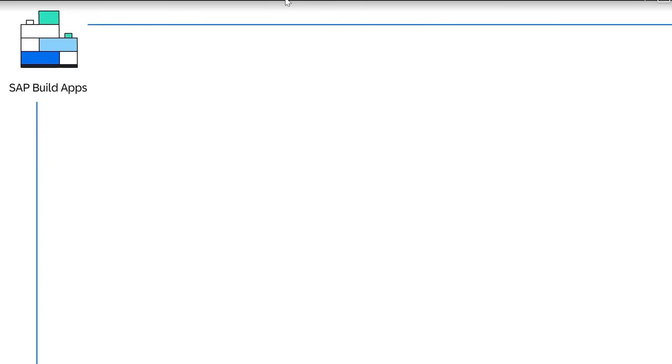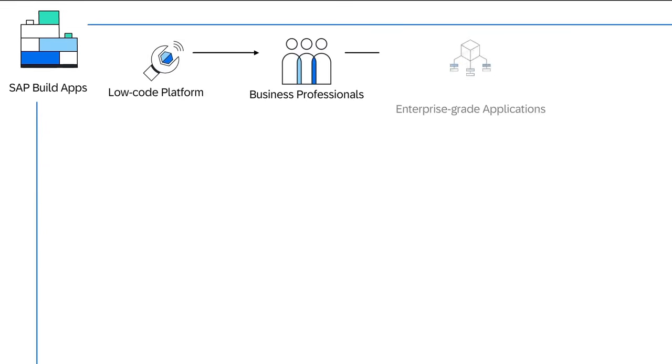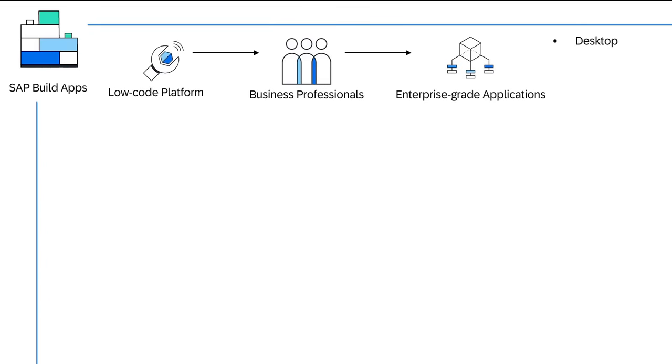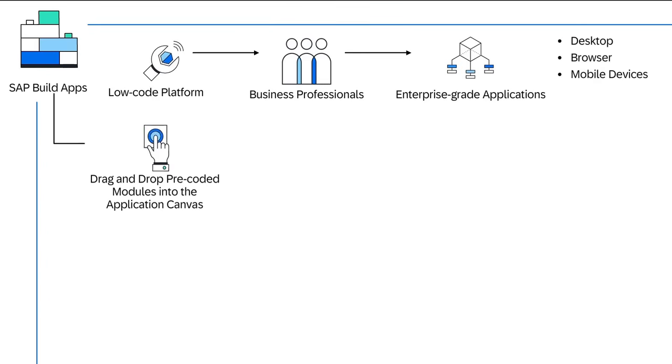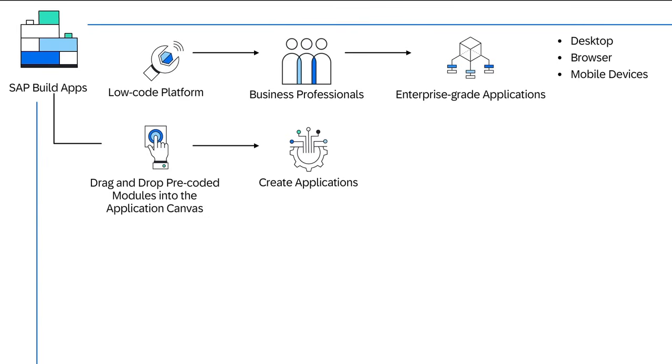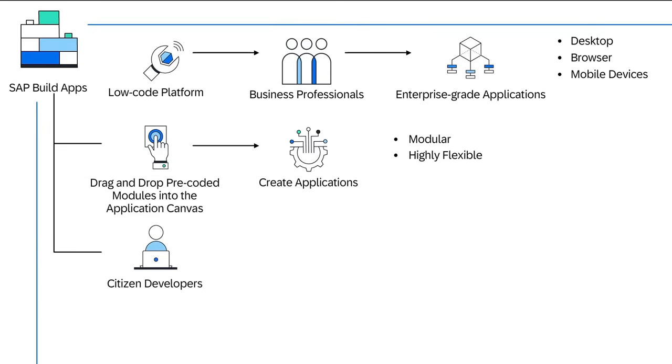First, we will learn about SAP Build Apps. This SAP Build Apps is a low-code app builder tool to help business professionals develop enterprise-grade applications for desktops, mobiles, and browsers. Among the capabilities, we have drag-and-drop pre-built modules on the application canvas. Applications can be created rapidly in a modular and highly flexible way by citizens.